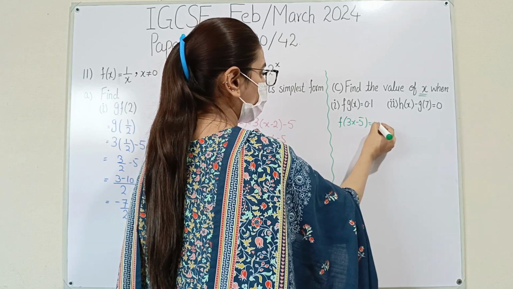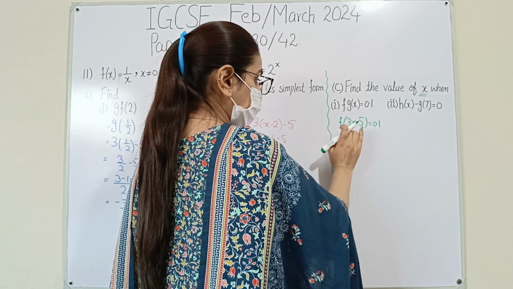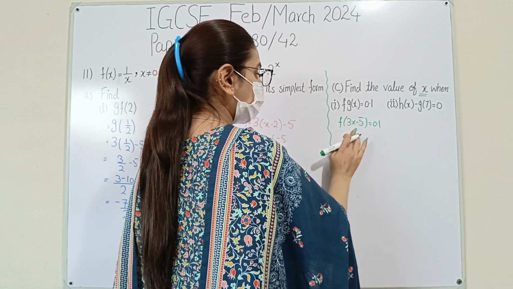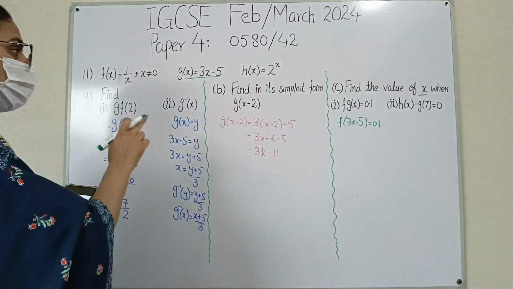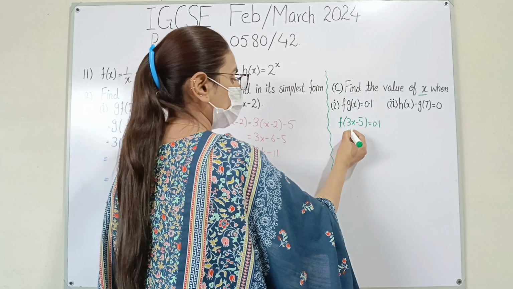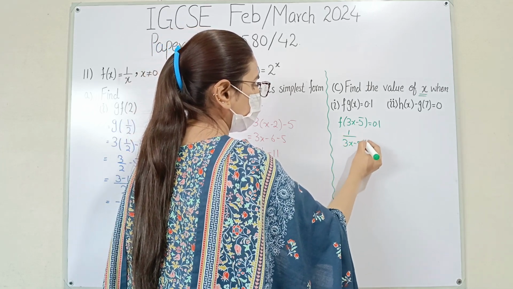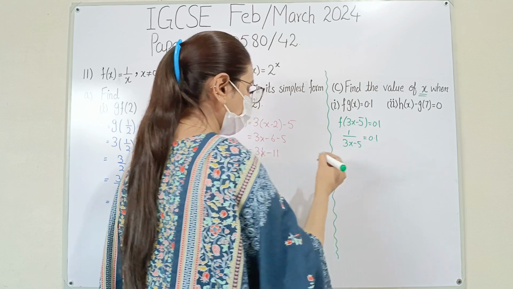Now you have to substitute 3x minus 5 in the function f, that is 1 over x, so it will become 1 by 3x minus 5 equals 0.1.